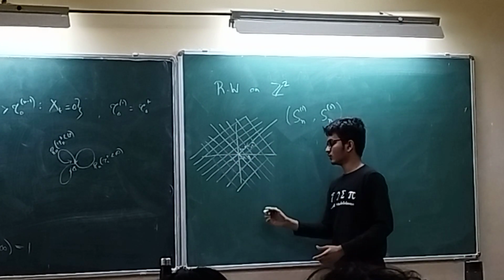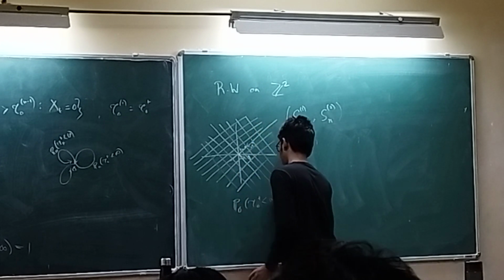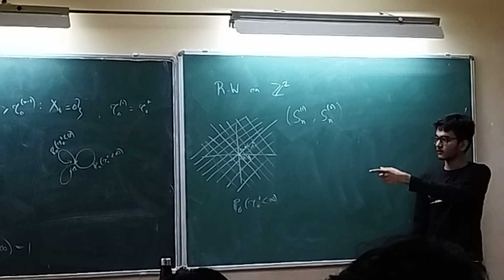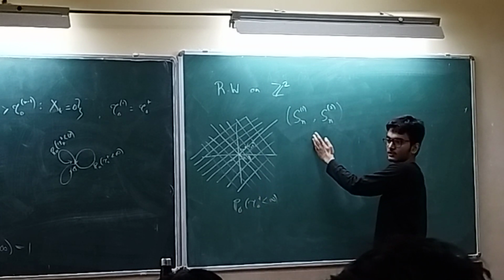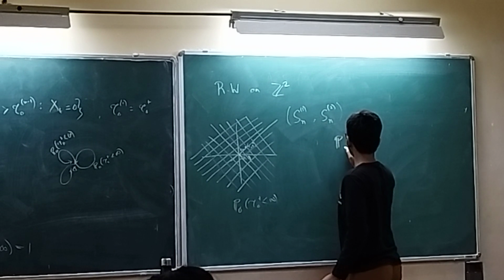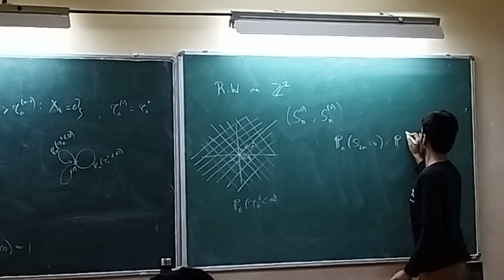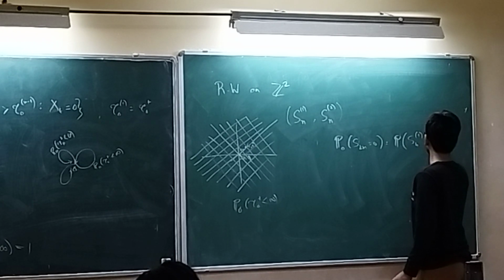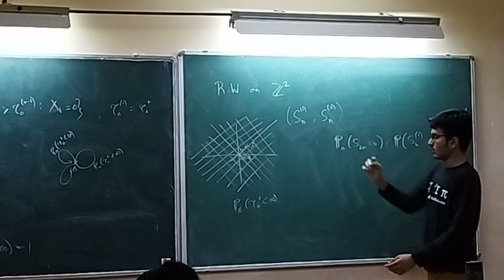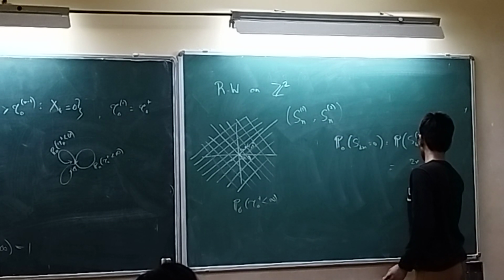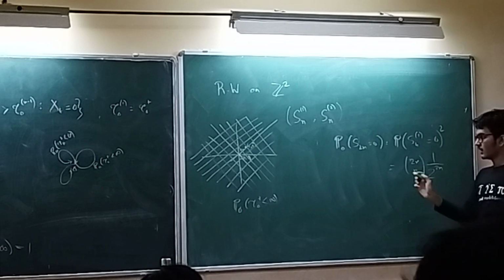So if I know the probability of return in this model, I know the probability of return in Z2. So let's find out in here, and that's too easy, because the probability of being at 0 at step 2n is the square of the one-dimensional probability. Now what is this? We have already found that.